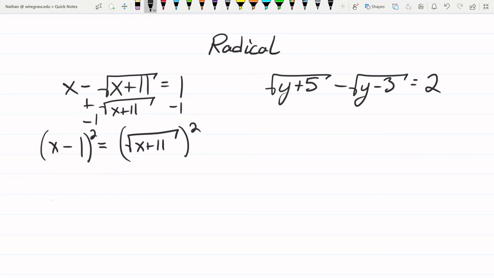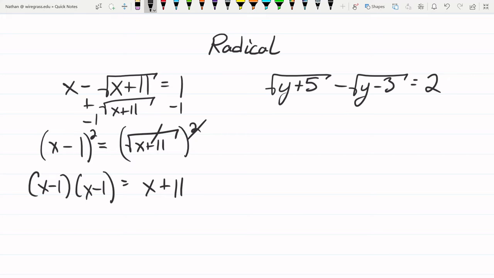Always make sure you square everything and expand it, because x minus 1 squared is the same thing as x minus 1 times x minus 1. The square root and the square cancel, giving us just x plus 11. And this is now a quadratic equation. So by squaring it, we've changed the problem from radical to quadratic, and we know how to solve those.